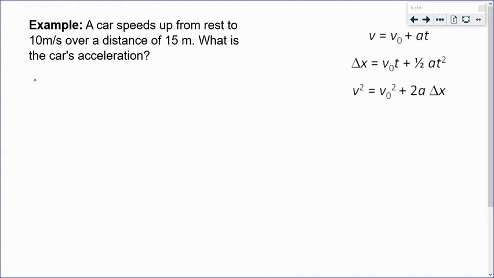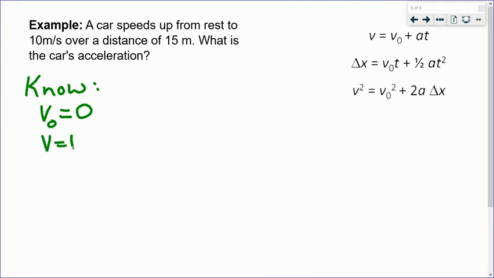All right. When you're looking at a question like this, a couple of things are really important. First of all, we have to write down what things we know. Okay. The car speeds up from rest. From rest means that the velocity was 0, and that was at the beginning. So this is actually telling us that our initial velocity was equal to 0. Okay. It speeds up from rest to 10 meters per second.